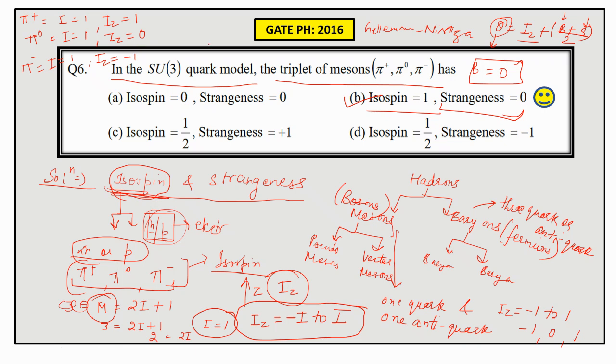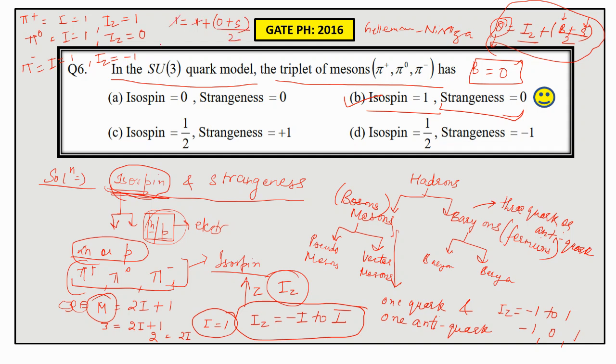Now find out the strangeness of all three particles. First I'll go for pi positive. Q equals 1. Putting all these values in this formula: Q equals 1, Iz equals 1, plus baryon number 0, plus S by 2.